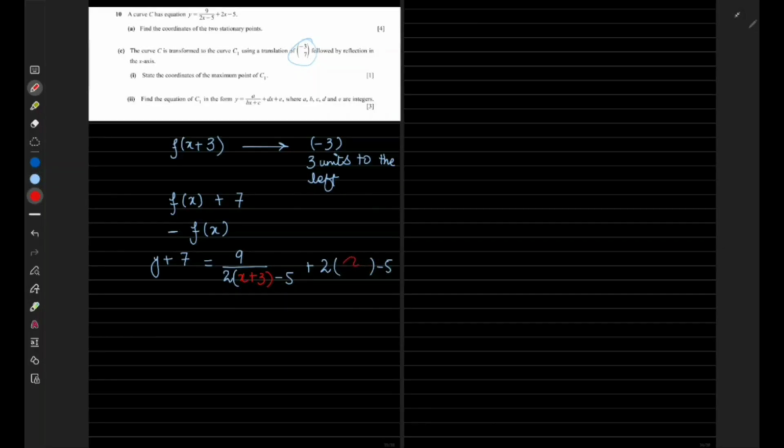In place of x, we will be writing x plus 3. Also I just wanted to write plus 7 also in this form. So now you will simplify this first and then apply the reflection. This is what we are applying, translation.